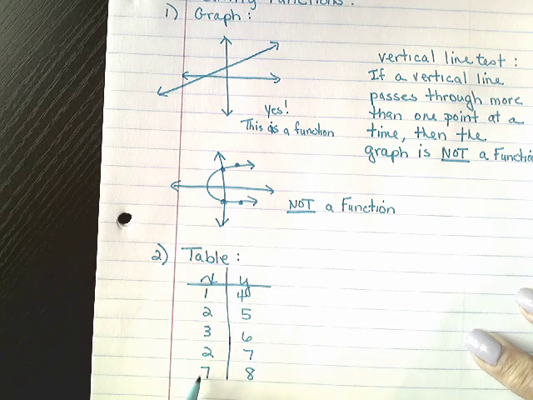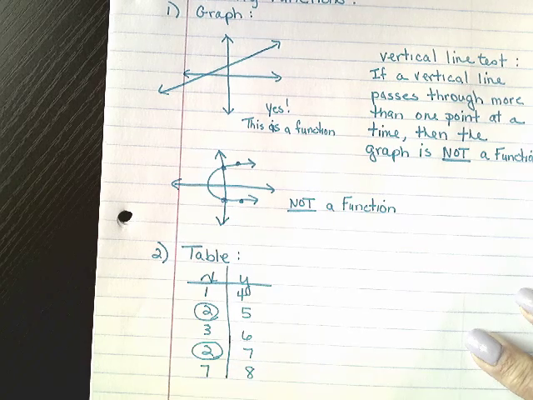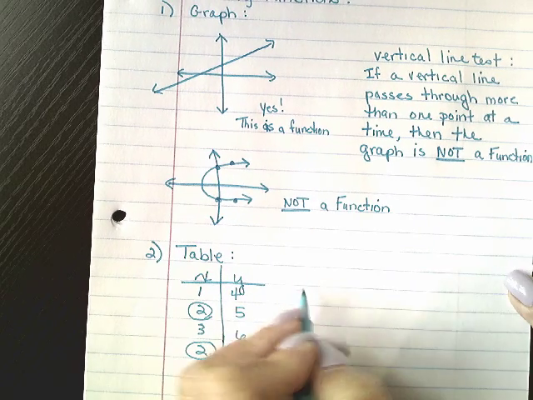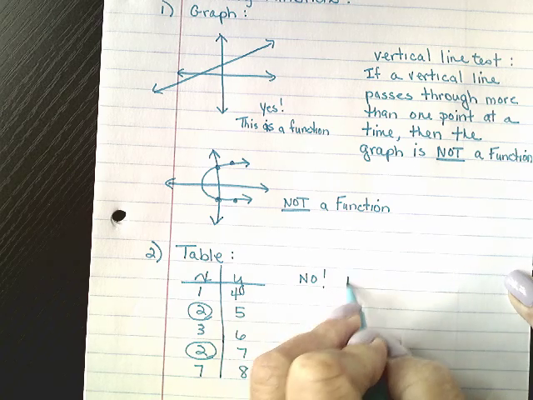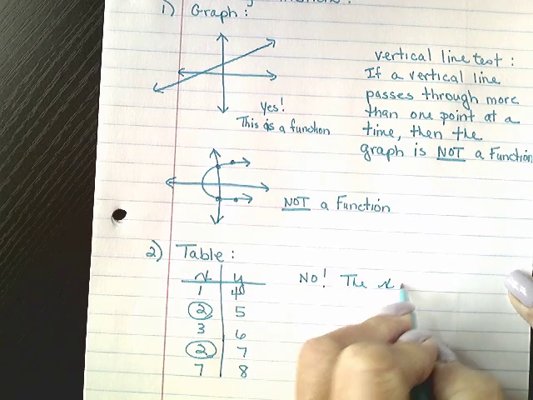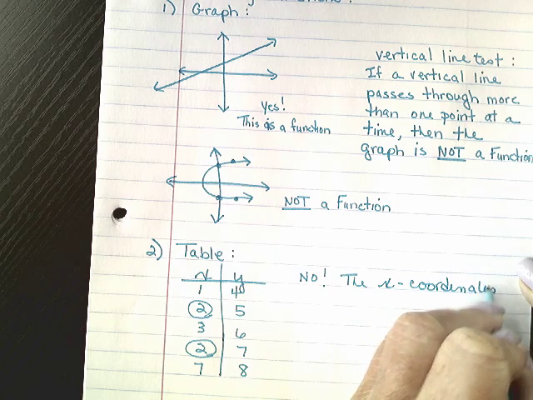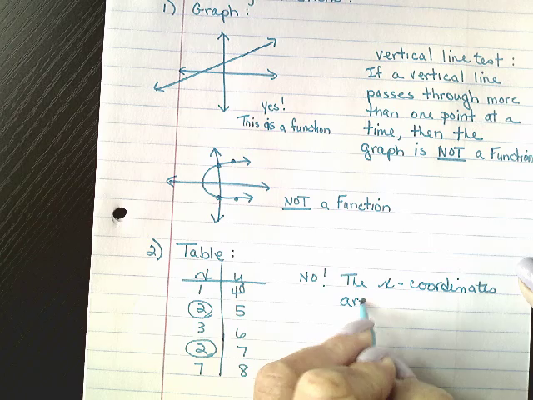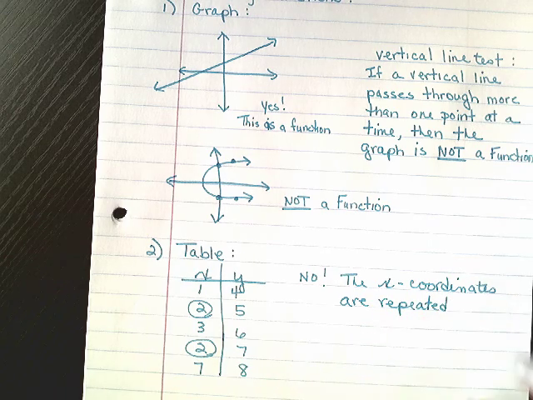Is any of those x coordinates repeating? I have 2 of those. So this would not be a function. The x coordinates are repeated. It's okay if y is repeated, but not x.